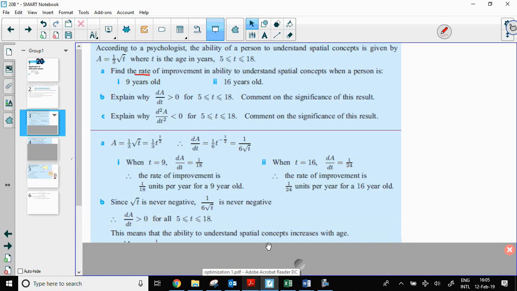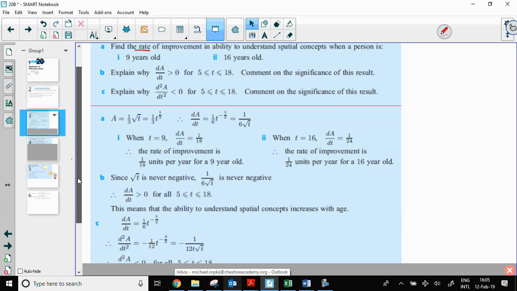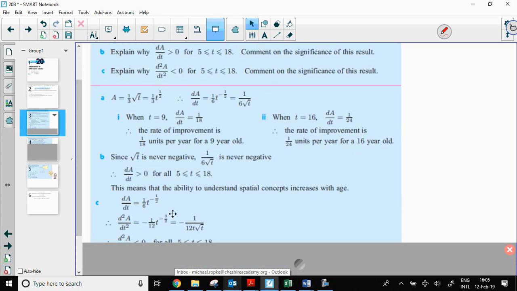Great, isn't that wonderful? However, as we just established, the 16-year-old had a smaller rate of increase in ability than the 9-year-old did. And that has to do with our second derivative, because if we take the derivative of that guy right there, we're going to get something that is always negative for any value of t we put into it.